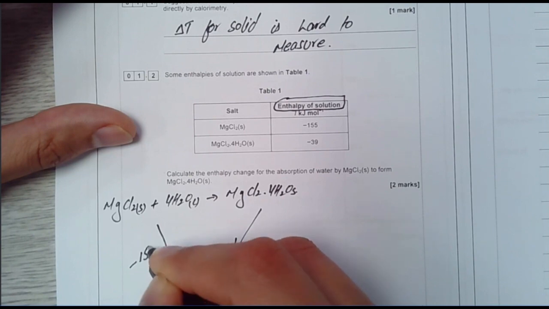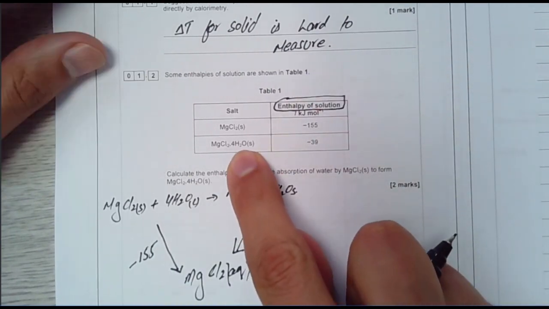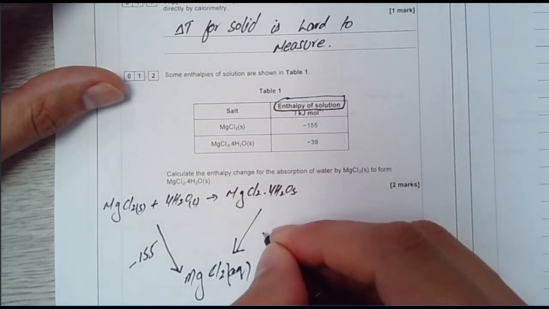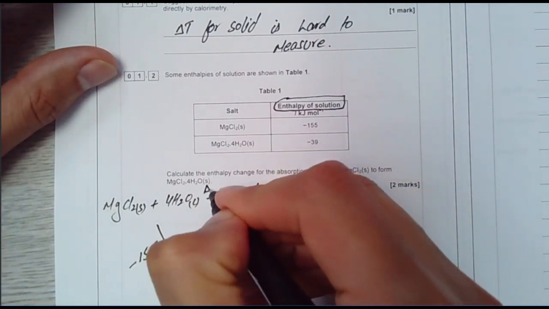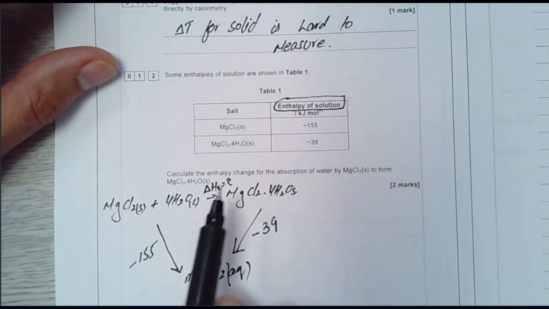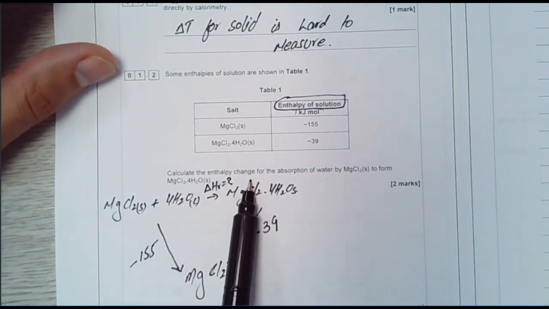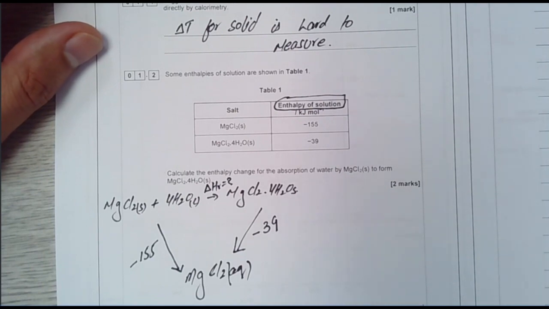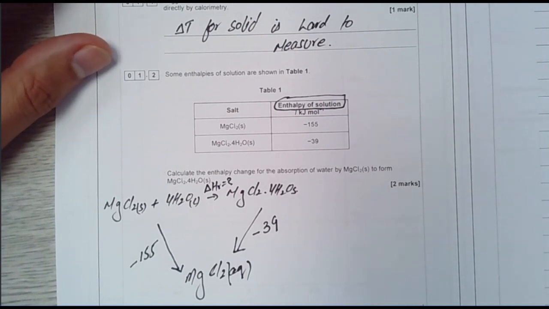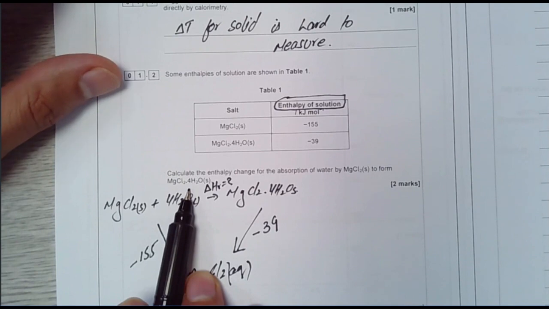So this is minus 155. When I change this into solution, it will release minus 39 kilojoules of energy. This is something that is not known, and this is what the question says. It says calculate the enthalpy change for the absorption of water by MgCl2 to form MgCl2·4H2O, which is hydrated.